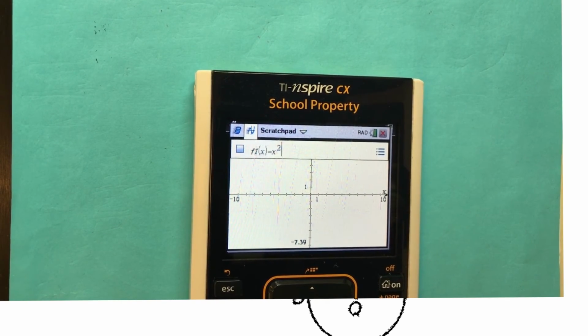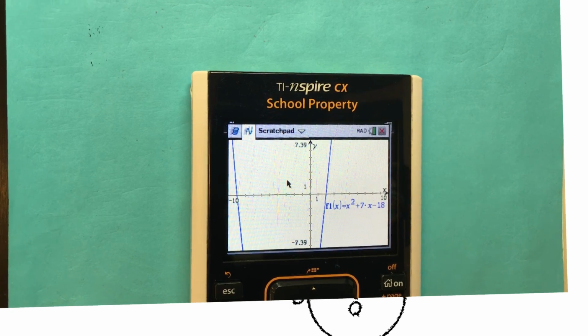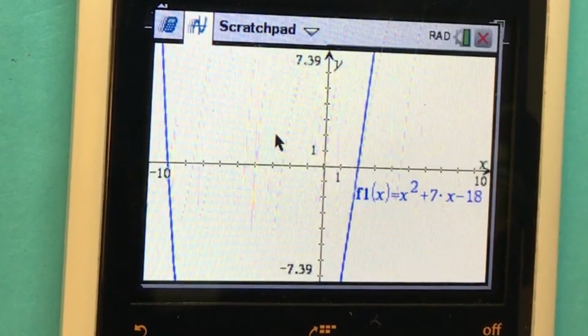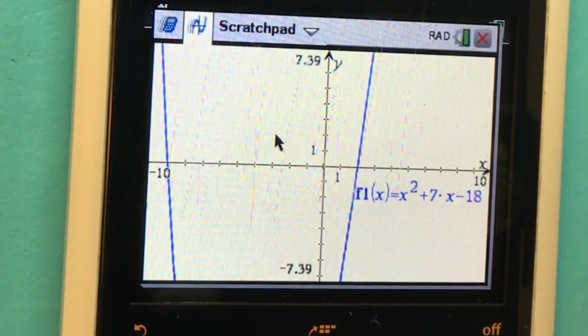X squared plus 7x minus 18. All right, so where does it cross the x-axis? At 2 and at negative 10, but within this context, the negative 10 doesn't make sense. It's the 2 that matters. So x equals 2.